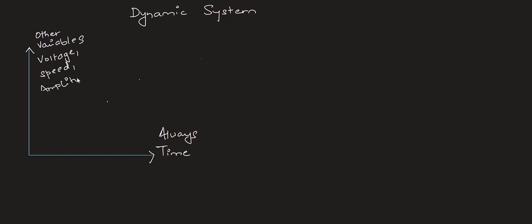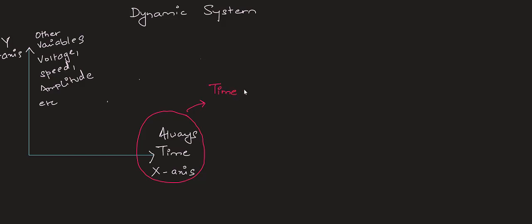It can be voltage, speed, amplitude, current, resistance, or time-dependent variables like response time, latency, or quality of service. So the y-axis can be plenty of variables, whereas the x-axis in all these cases is just time.